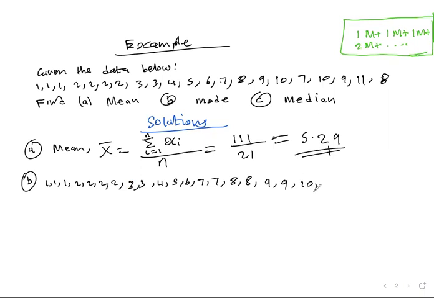Shift, then 2. Okay, we must be done with this part. Yes, the mean is coming out, sir. The mean is coming out. Okay, so that's how you do it. So you can get everything on your calculator.